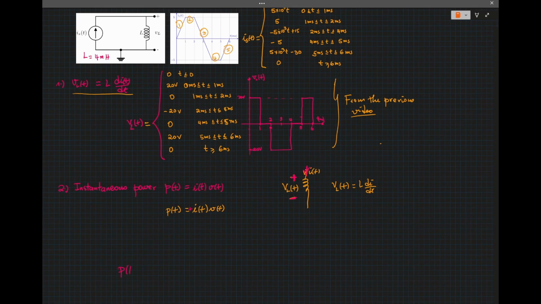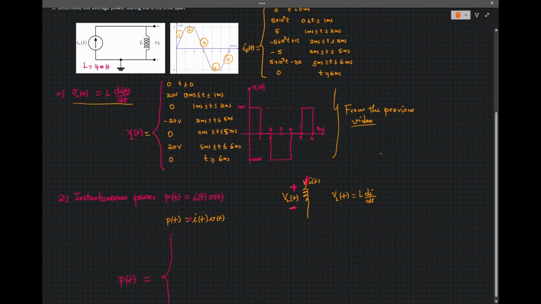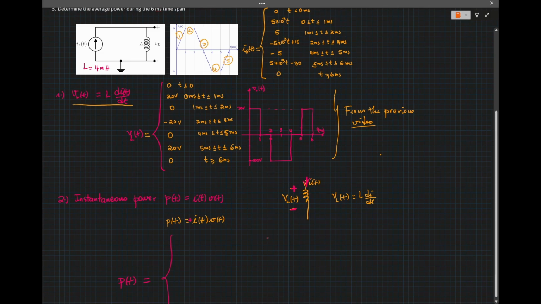We have P of t that is equal to, for t less than or equal to 0 milliseconds, 0, because the current is 0 and the voltage is 0.